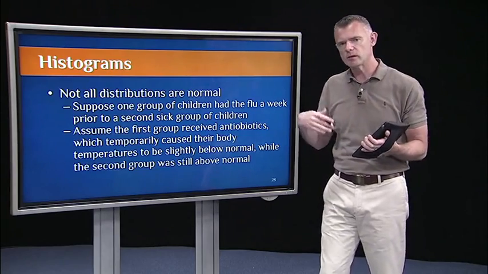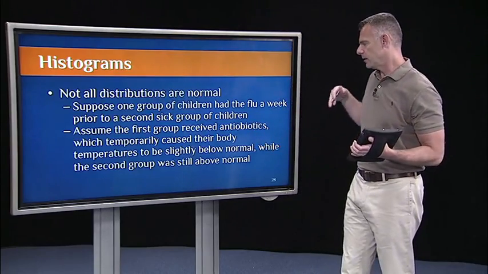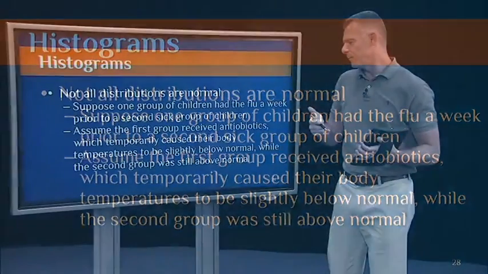So again, I'm going to run with this body temperature example for a few more slides and say we have one group of children, the entire group had the flu. Say a whole classroom full of children got sick with the flu. And then they were treated, they were given, say, antibiotics, as I was last week. Thank goodness for the antibiotics.